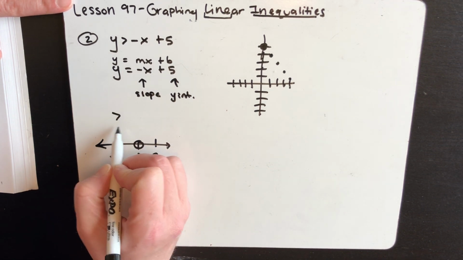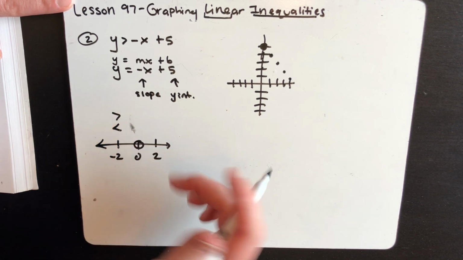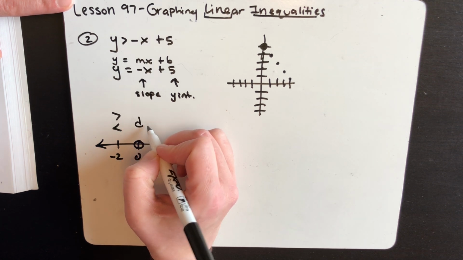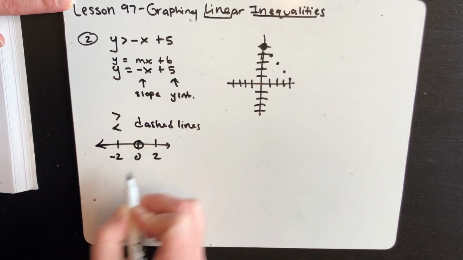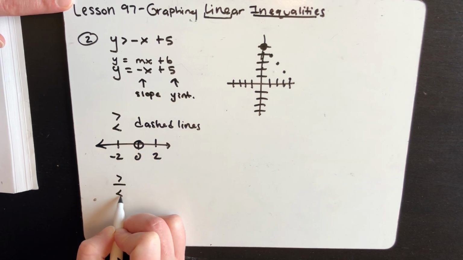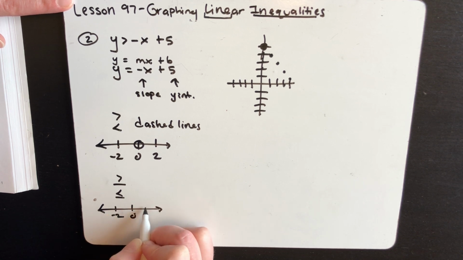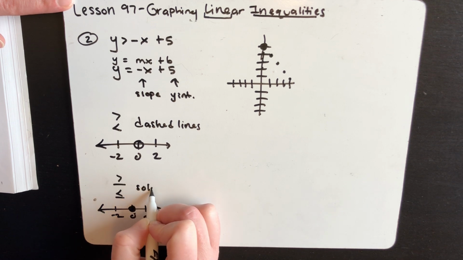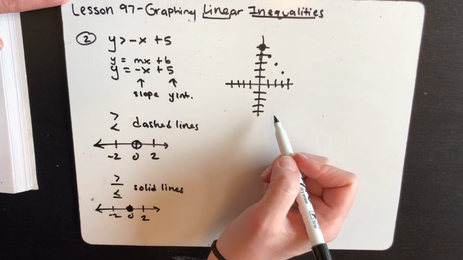So greater than and less than, these are going to be dashed lines, and I'll show you what that means in just a second. And if we had greater than or equal to and less than or equal to, if we would have graphed these on a number line, they would have been a closed circle. So these are going to be solid lines when we graph them on a coordinate plane.